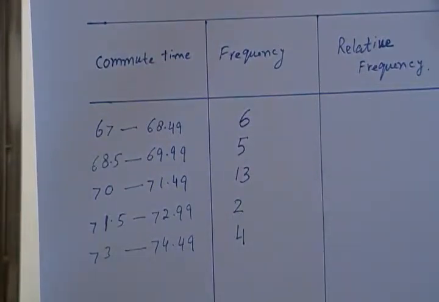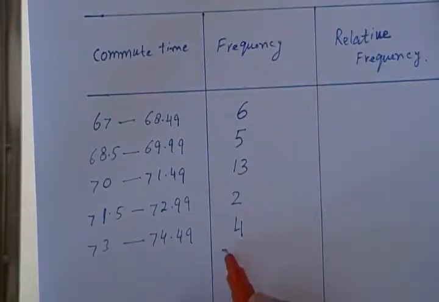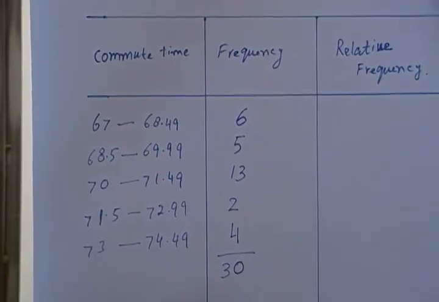So this part, the first column and second column together, is called the frequency distribution. Next we also have to find a relative frequency distribution, so we have to do a little bit more work here. The first thing is to sum this up, and this is equal to 30 observations total.